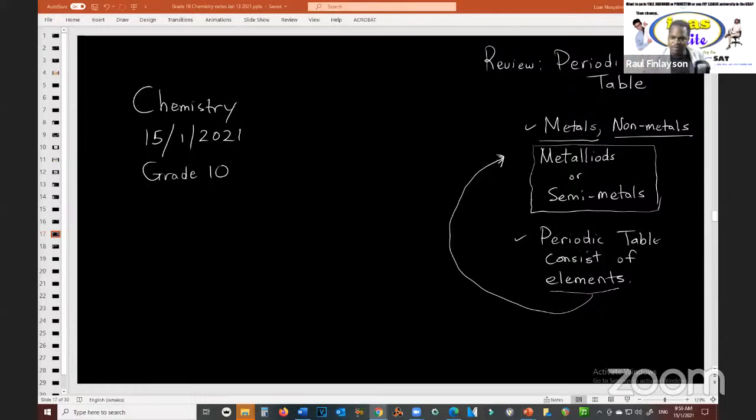But before we go into that, remember the periodic table consists of elements, and based on their behavior those elements are put into groups called metals, non-metals, and semi-metals. You should be able to give examples of each, but more on that later. Do you have any questions before we continue?